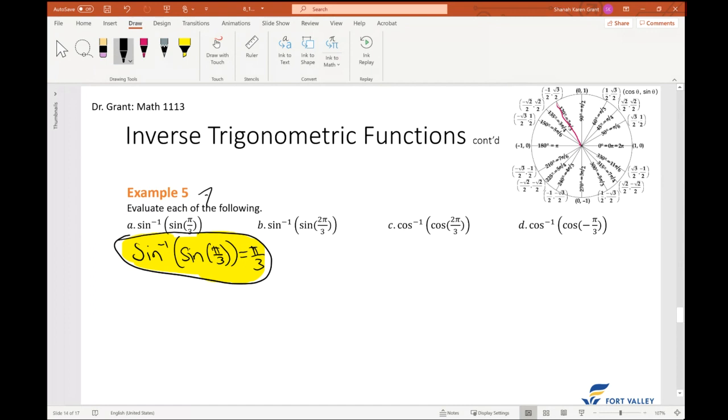However, sine of 2 pi over 3, sine is root 3 over 2. That's equal to sine of pi over 3. So let me write that.